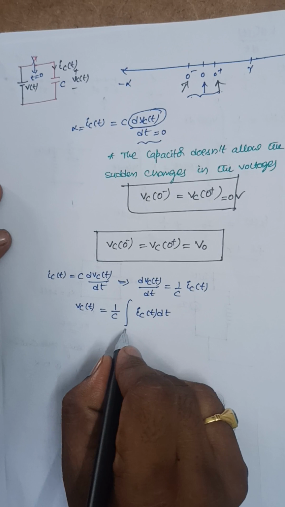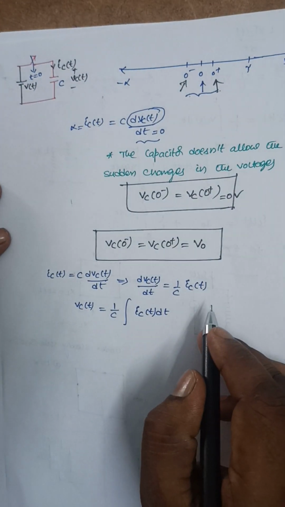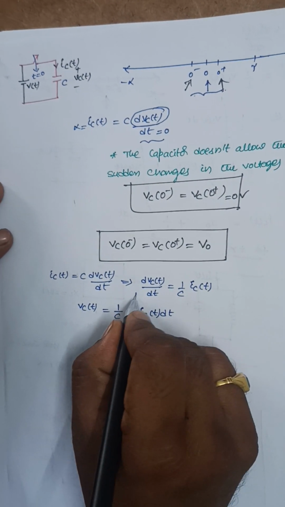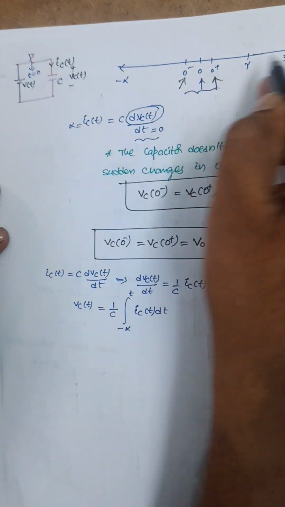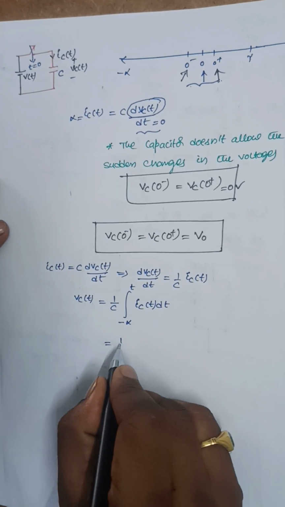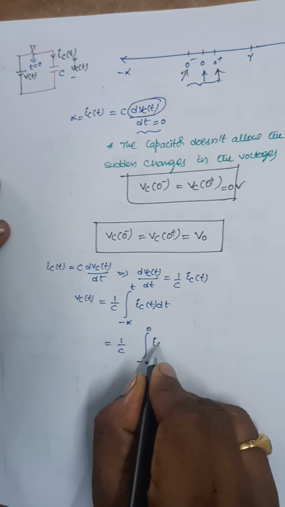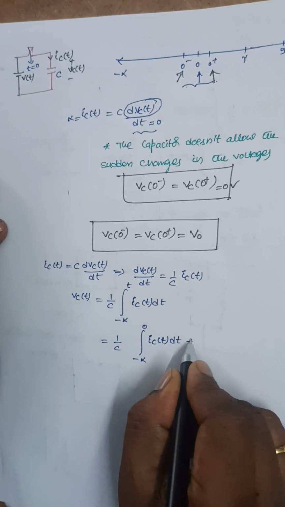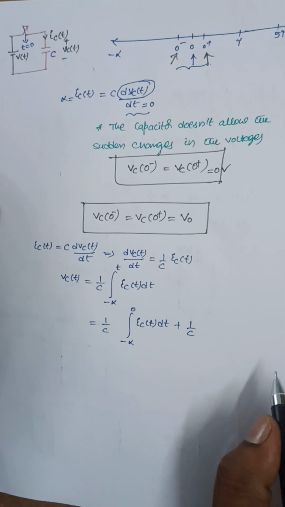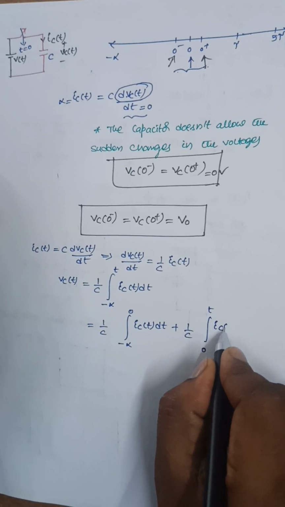To find the limits, similar to the inductance case, I need to consider from minus infinity to some time t. I need to consider the initial conditions also. So it is 1 by C, if I split this integration, integral from minus infinity to 0 of IC of t dt, plus 1 by C into integral from 0 to t of IC of t dt.